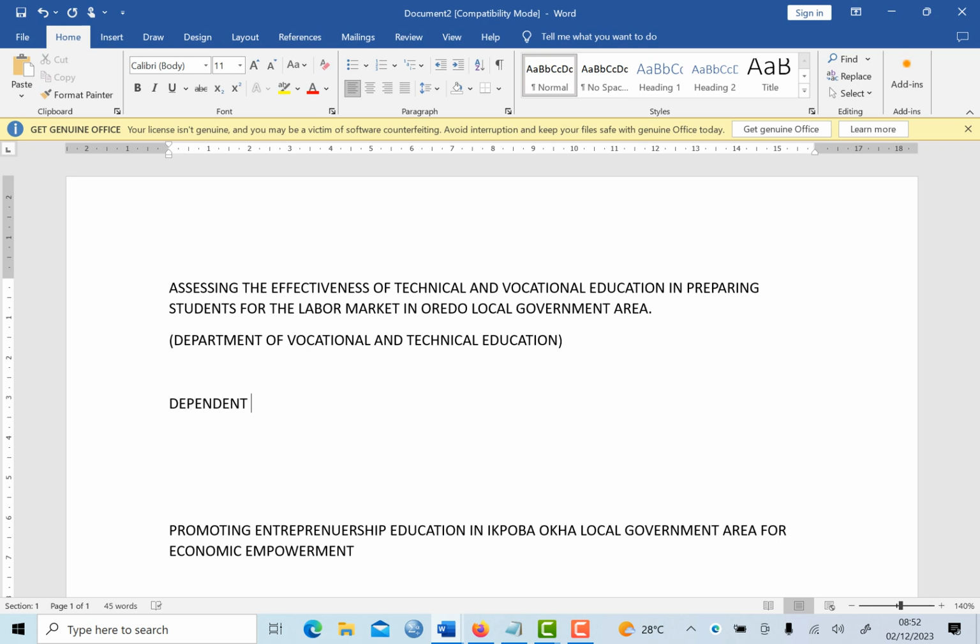The dependent variable will be effectiveness of technical and vocational education.